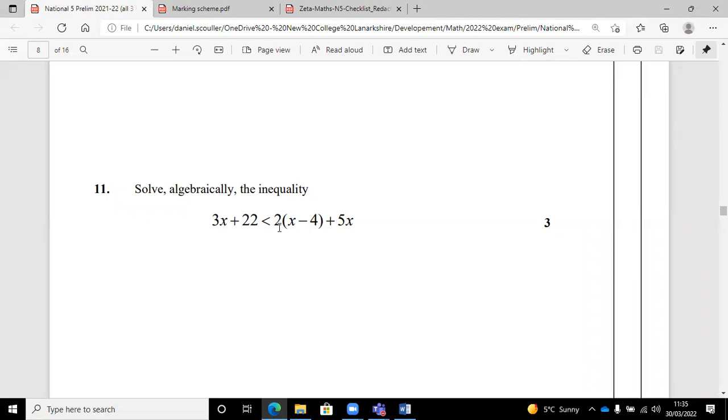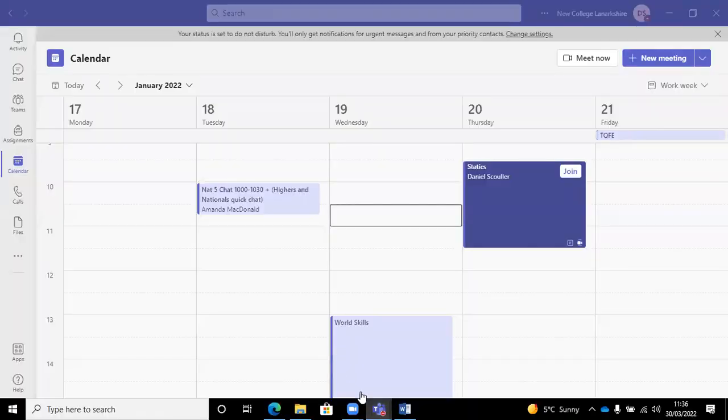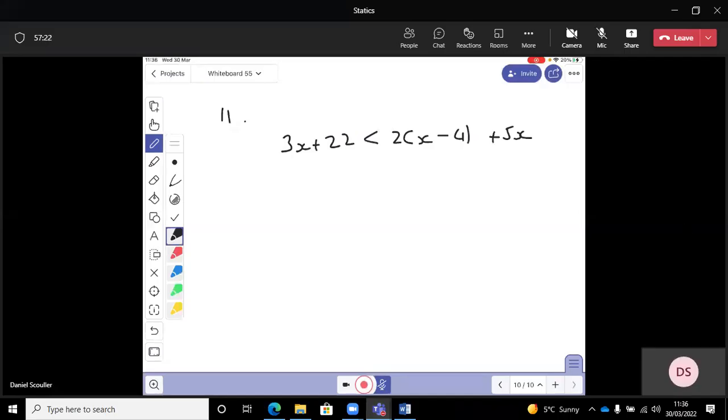So we're wanting to break the bracket up, and we're wanting to rearrange to get a value for x. So we want x is greater than or x is less than a number. Okay, so first step, I'll just break the bracket up. The important thing with inequalities is knowing what to do with this.